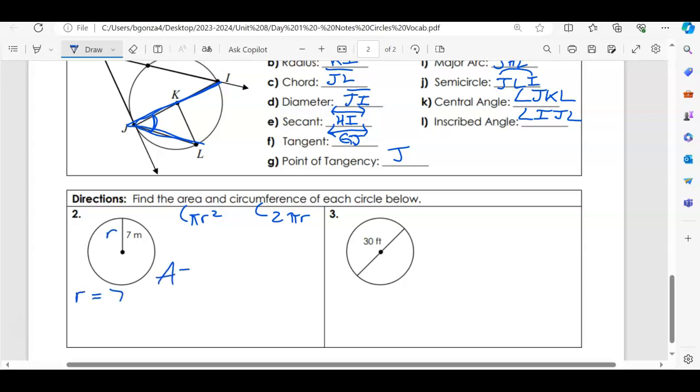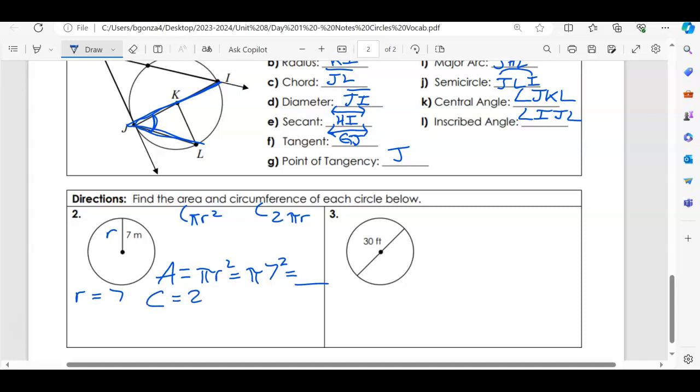So the area, my bad, is pi r squared. So pi r squared is pi 7 squared. And you can give me the number, right?